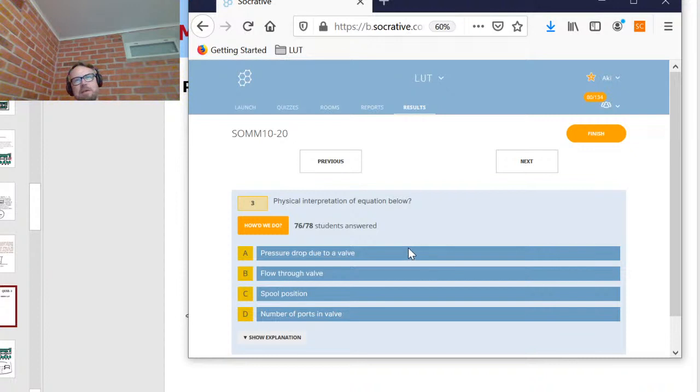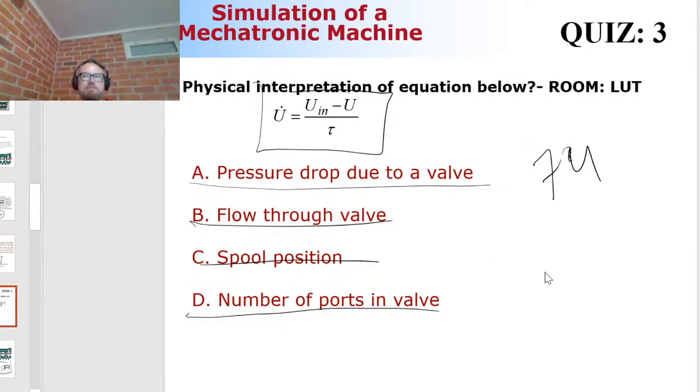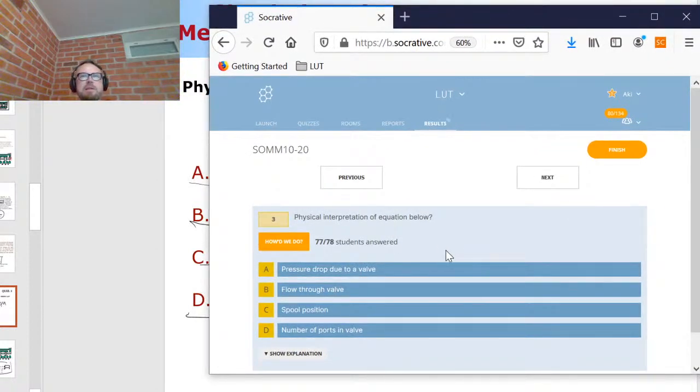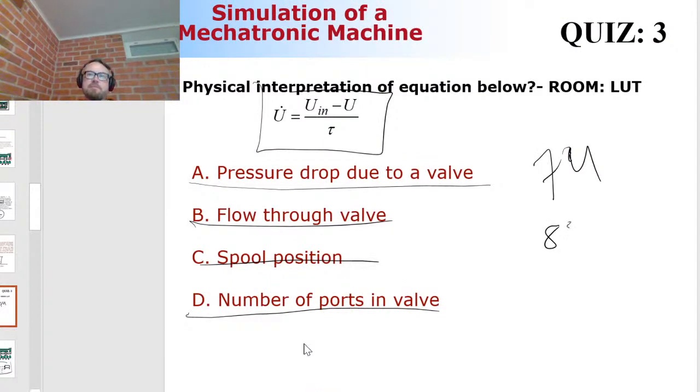I guess I will show the success rate. My personal guess, I will stay with my previous number. So it's going to be 74. And here it is. The correct answer is, okay, not bad, 88. So this equation, which I was repeating a number of times, describes the spool position.